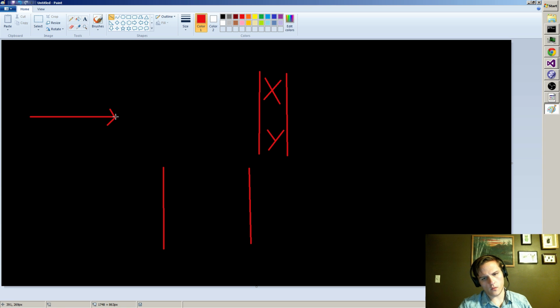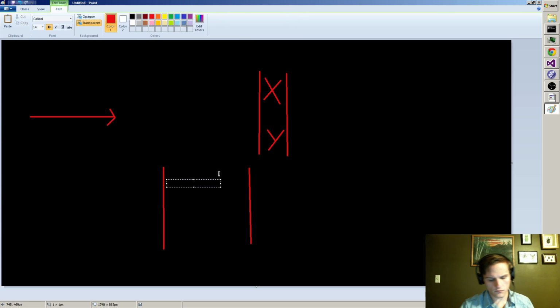Then I want the y-ness to be that times the sine, and I want the x-ness to be that times a cosine, right? So cos theta, sine theta.